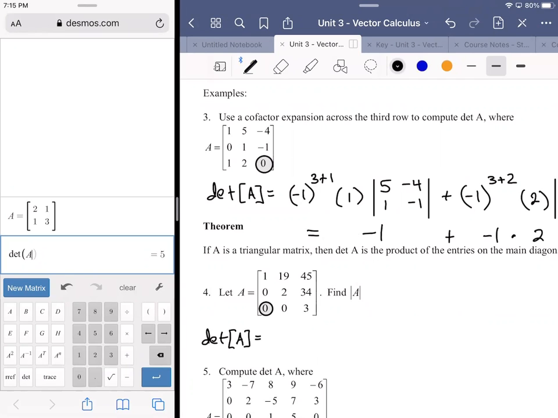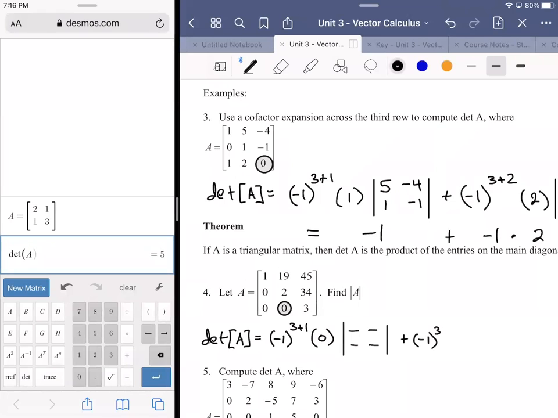We're in the third row of the first column. So we're looking at -1 to the 3 plus 1 times the entry, which is 0, times the determinant of whatever. Who cares, right? Because it's not going to amount to anything. So 1, 2, 3, 4 things, doesn't matter. Plus, move it over. Same idea.